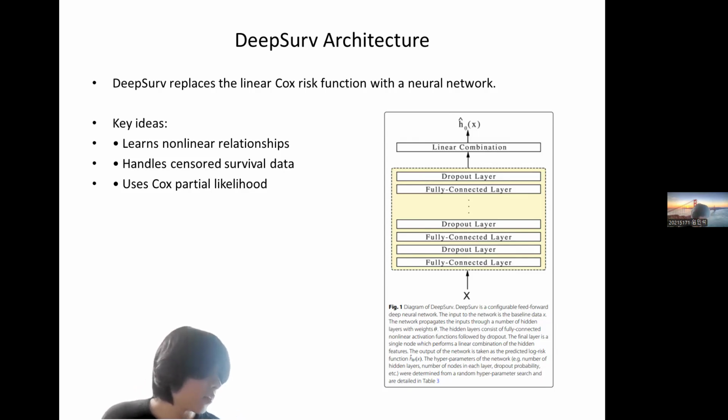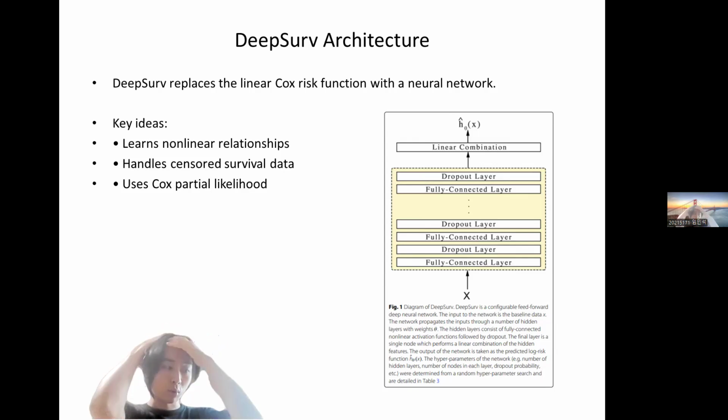The hidden layers allow the model to capture complicated nonlinear interactions between variables. This is one major advantage compared with traditional linear Cox regression. Finally, the network outputs a risk score that is used within the Cox proportional hazards framework.